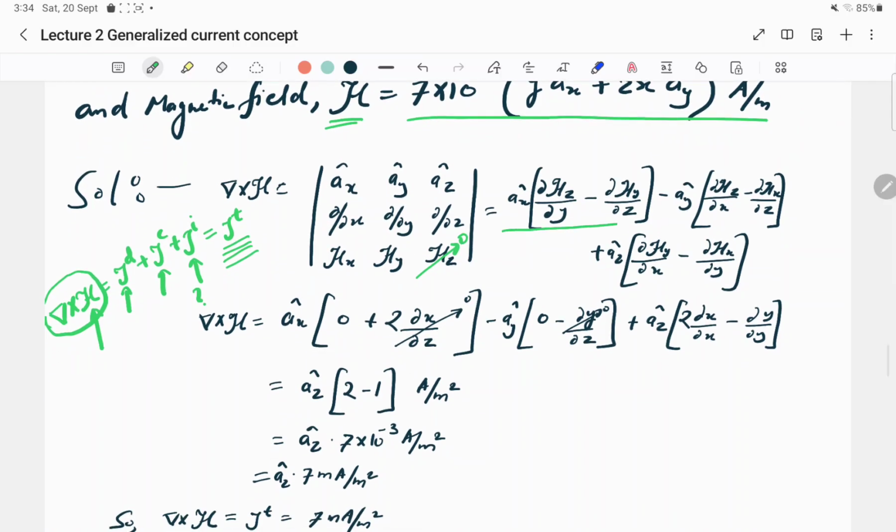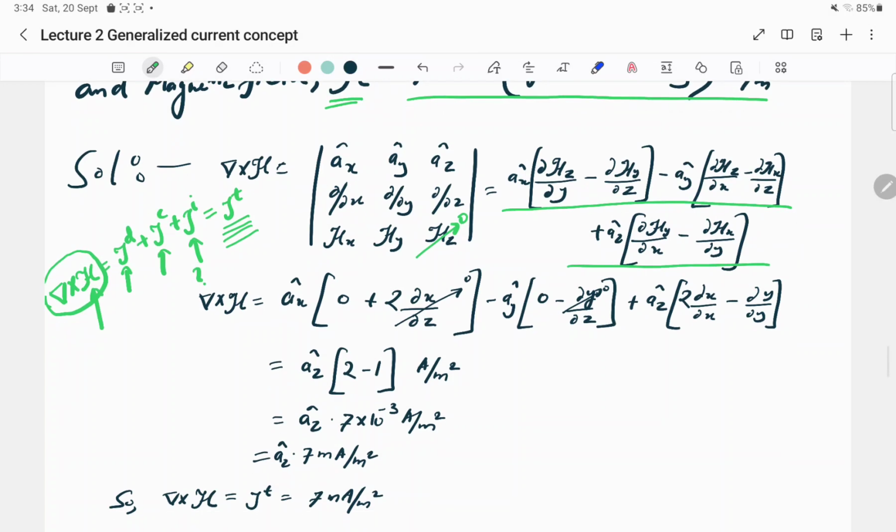Now if you solve this, you will get AX times this minus AY times this plus AZ times this.